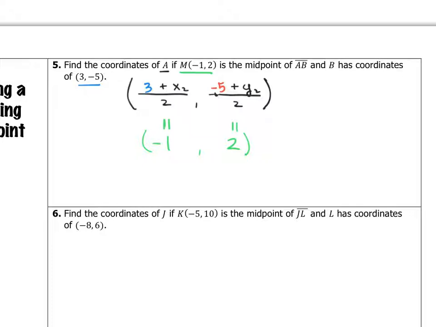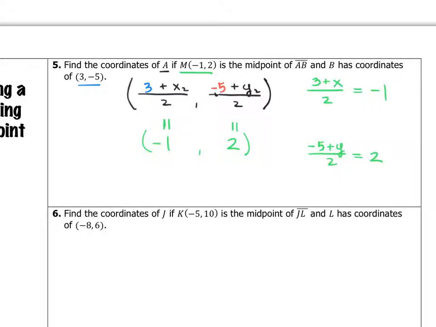So now I have 3 plus x sub 2 all over 2 is equal to -1, and -5 plus y sub 2 all over 2 is equal to 2. So I can write two separate equations: 3 plus x all over 2 is equal to -1, and -5 plus y all over 2 is equal to 2.